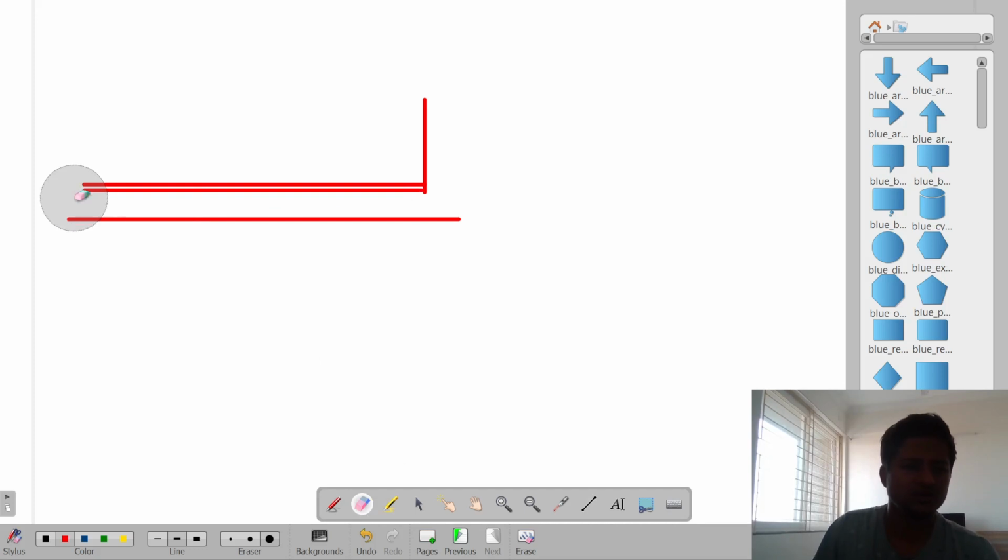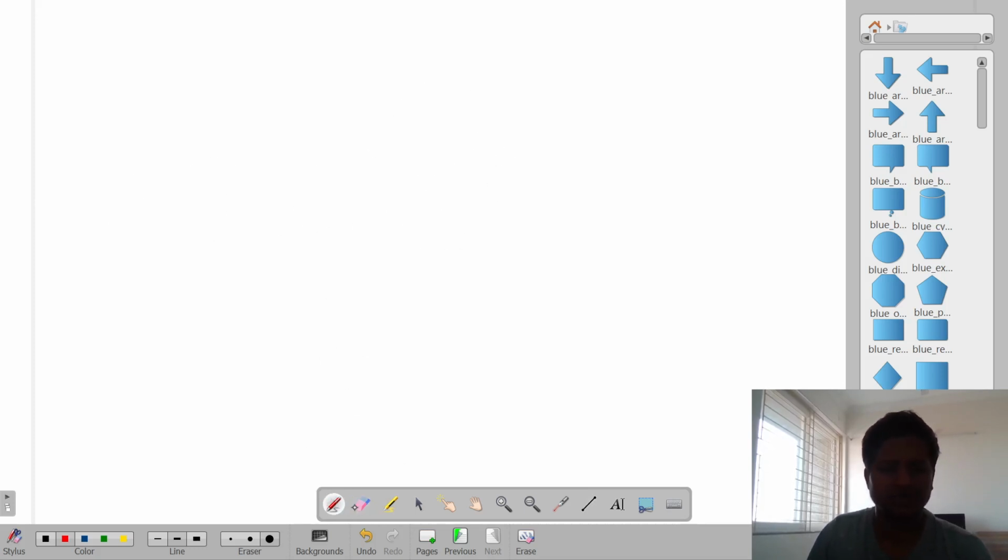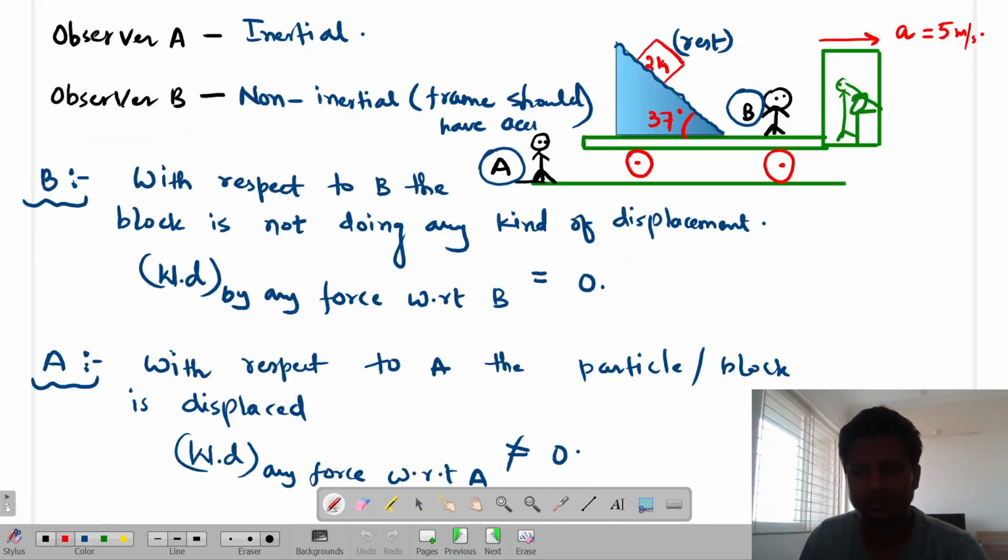We will not draw all these trucks. We just know that in this diagram the work done due to B is always zero, because the particle is at rest. That means friction is definitely present over here, isn't it?